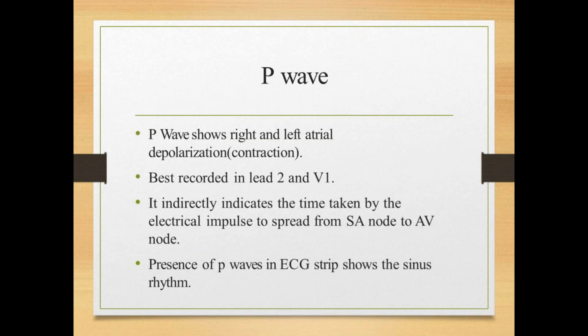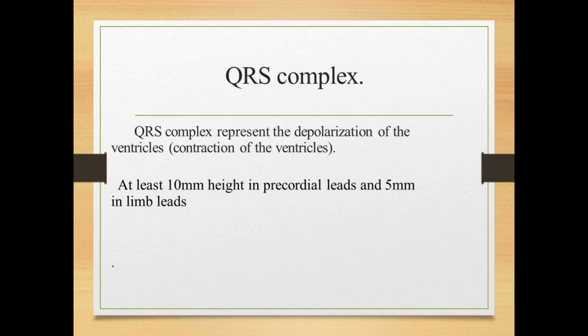Coming next, the QRS complex represents the depolarization of the ventricles, at least 10 millimeters in the limb leads.